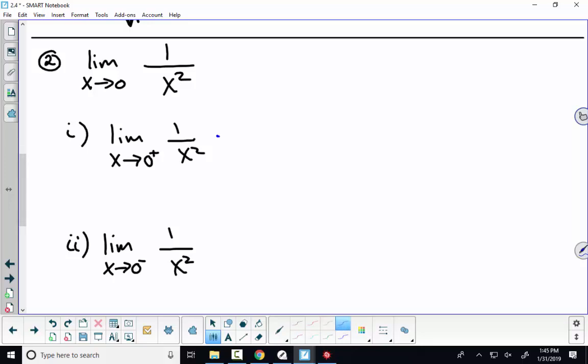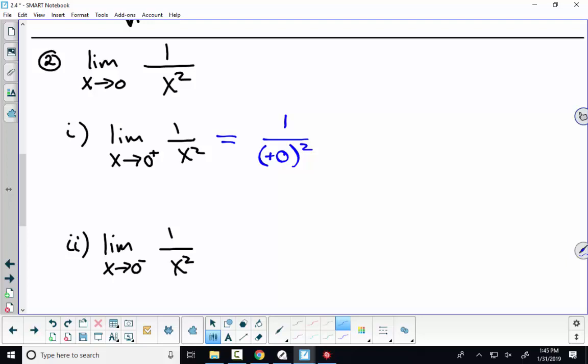As x approaches 0 from the right, the numerator is still approaching 1. The denominator is approaching 0, again through positive values. So we're approaching 0 through positive values, but in this function, those values are being squared.